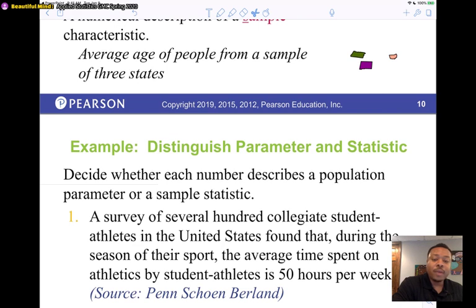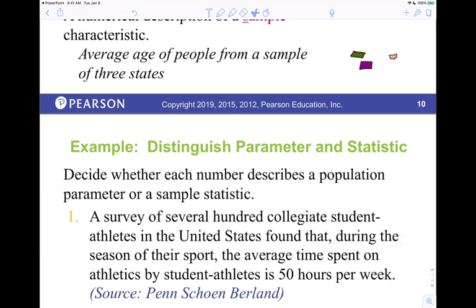A survey of several hundred collegiate student athletes in the U.S. found that during the season of their sport, the average time spent on athletics by student athletes is 50 hours per week. So this 50 hours, what is it referring to?